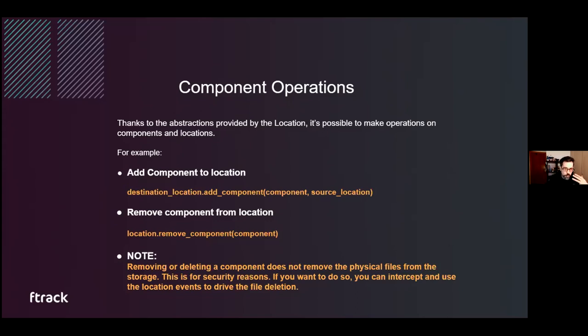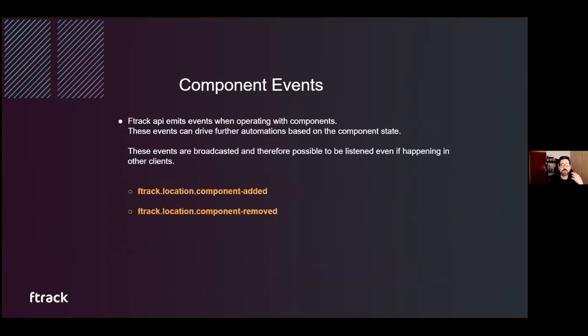When you operate with components, you also have to be aware that events will be emitted: one for when a component is added to a location, and one for when a component is removed from a location. Why is this important? Because these events are broadcast in ftrack, which means you can listen to these events from any of the sessions connected to the same server.